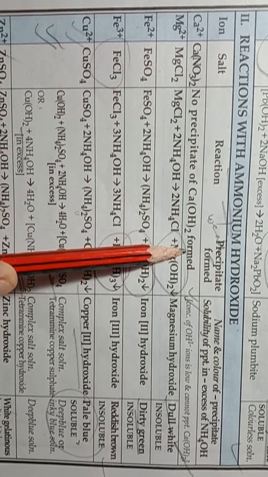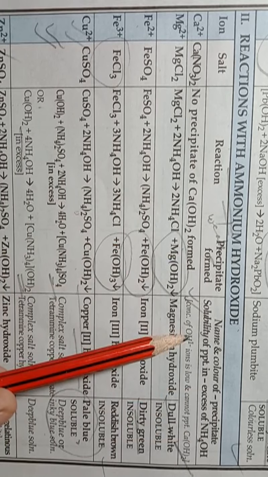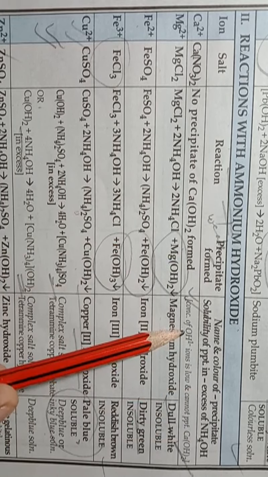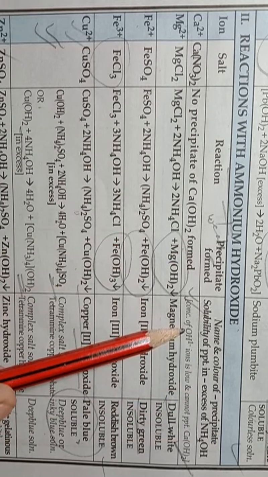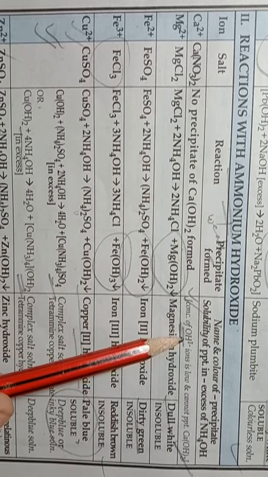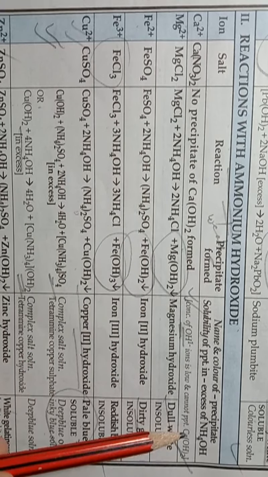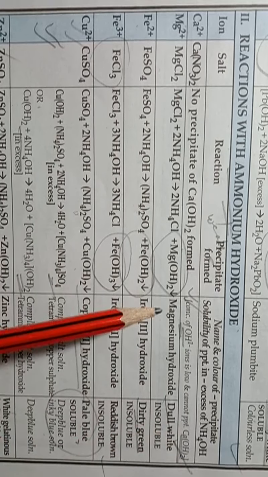Why? Because ammonium hydroxide is a weak alkali, a weak base, and that is why it forms a comparatively small amount of hydroxide ions. These fewer hydroxide ions are not able to form PPT of calcium hydroxide.